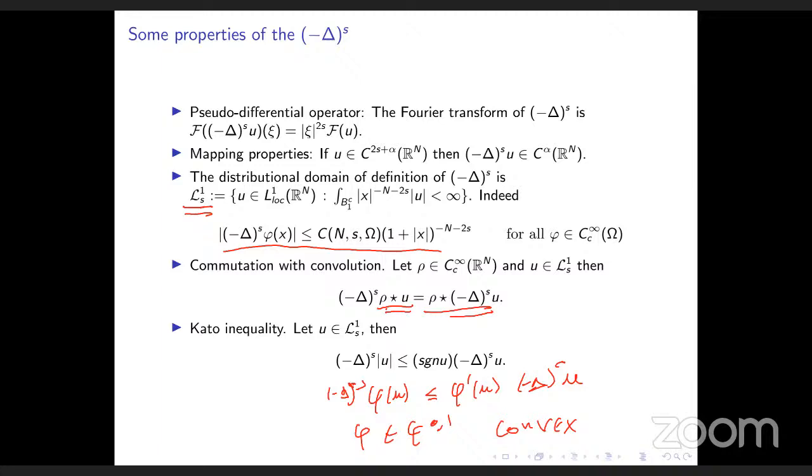And why is this interesting? Of course, it is interesting because you can think about considering phi of t equal t to the power alpha, with alpha larger than 1.